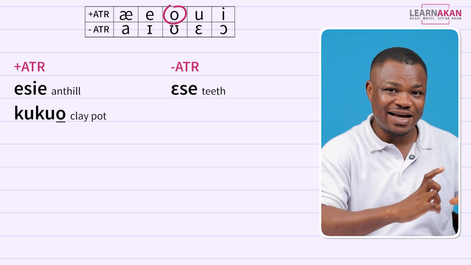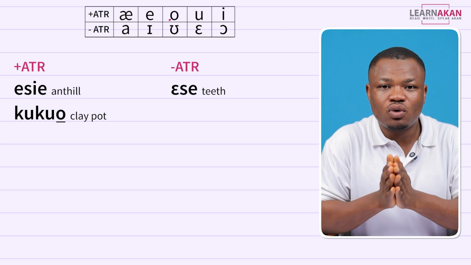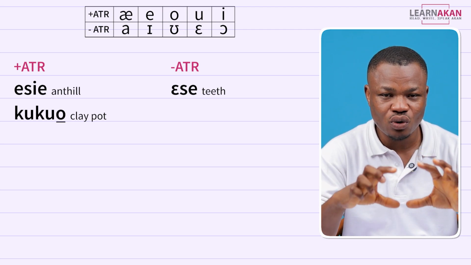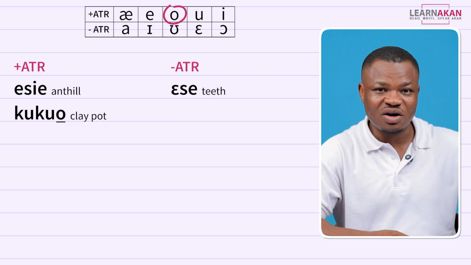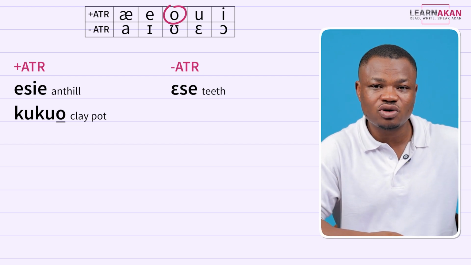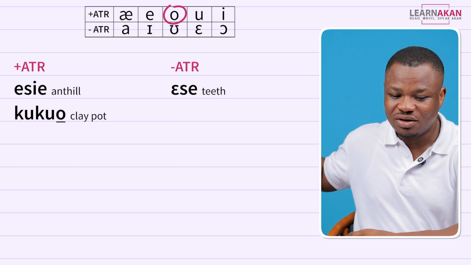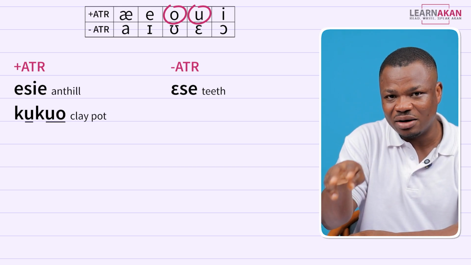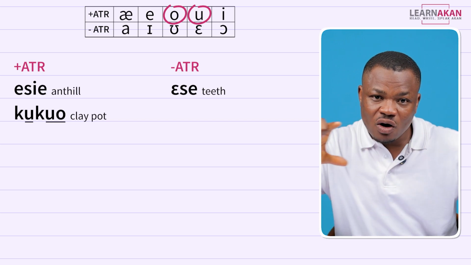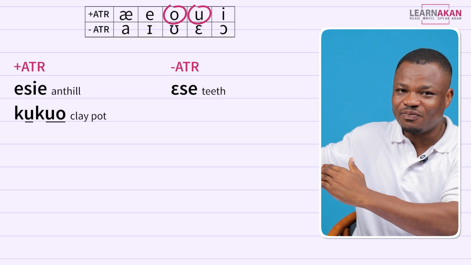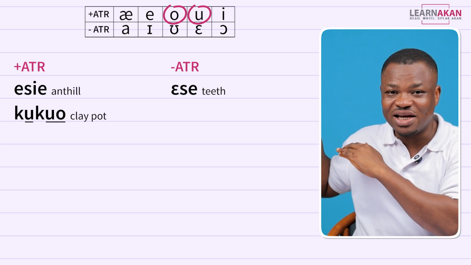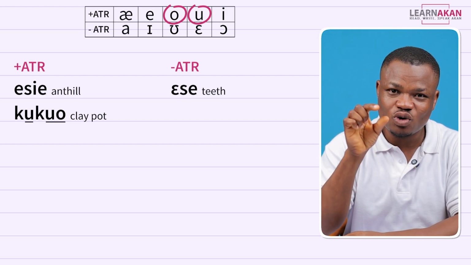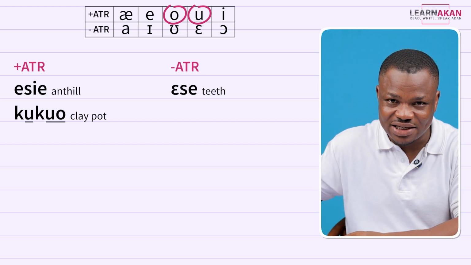It can represent the sound O, or it can be O, as in pot, right? But we are able to tell that this O represents the regular sound O because that O is plus ATR and U is plus ATR. So to get this to be in perfect harmony, all the vowel sounds must be from the same ATR set, right? So once we have the U, we know that this U is also from the plus ATR set.